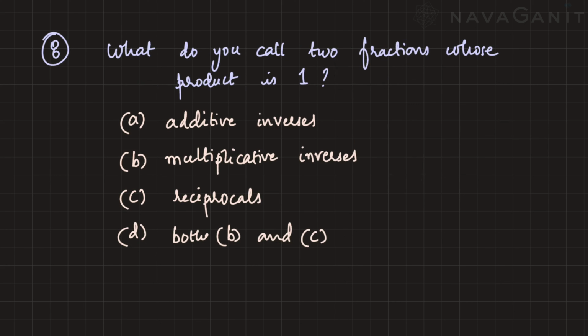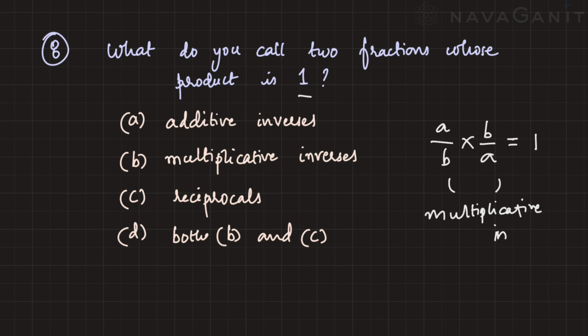What do you call two fractions whose product is 1? If you remember, if there are two fractions, say a by b and b by a, the product would be 1, and in this case they are known as multiplicative inverses, or they are also called reciprocals.